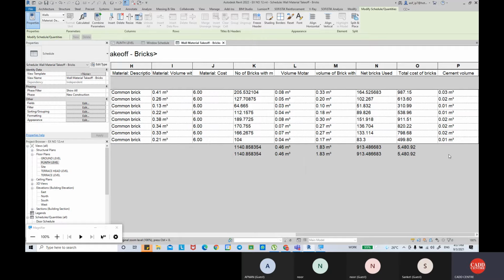Now we need to find how many bags we are going to get, how much will be used. So the formula would again be very simple. It would be the cement volume divided by the volume of 1 bag.